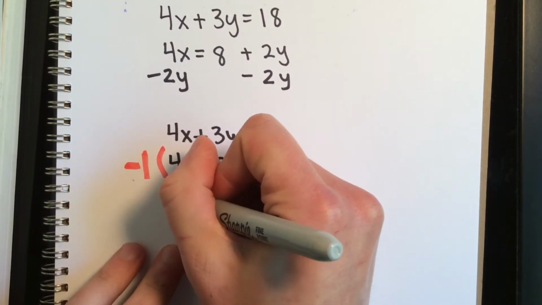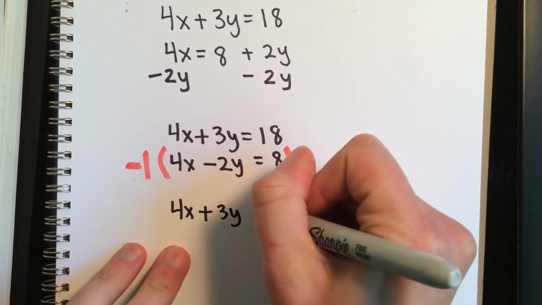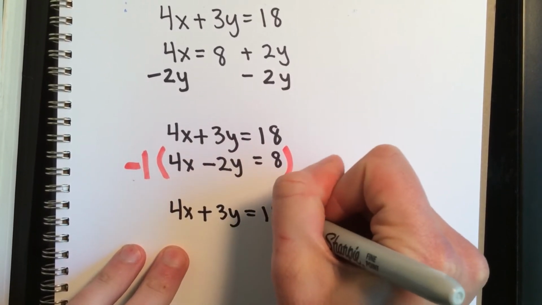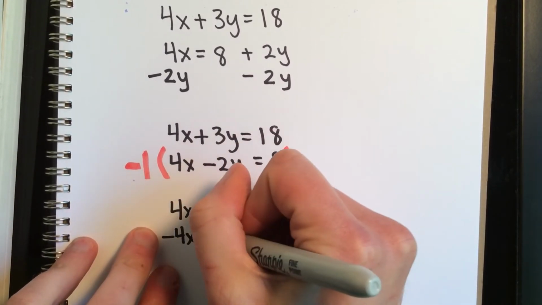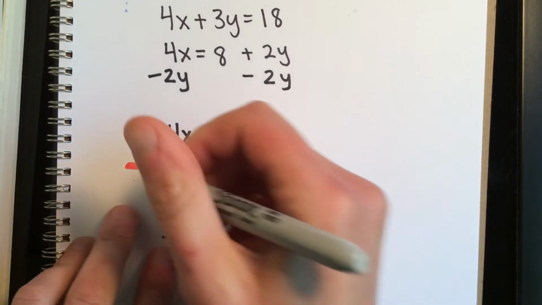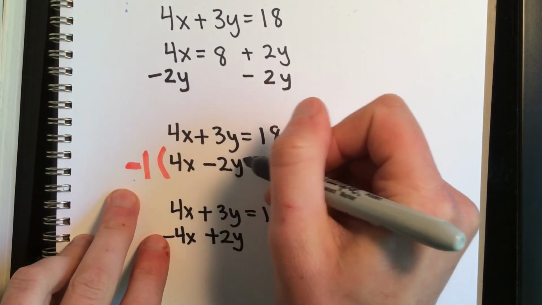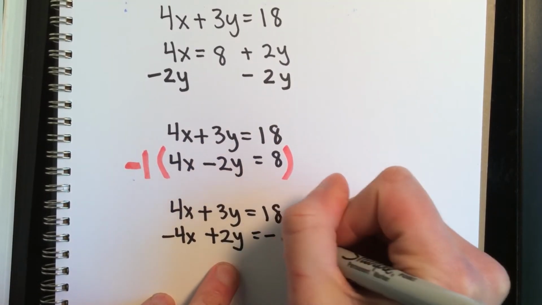I have 4x plus 3y equals 18. And now I have a negative 4x plus 2y, because -1 times -2y is a positive 2y, and that equals -8.